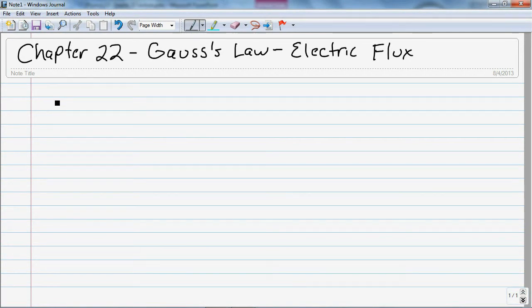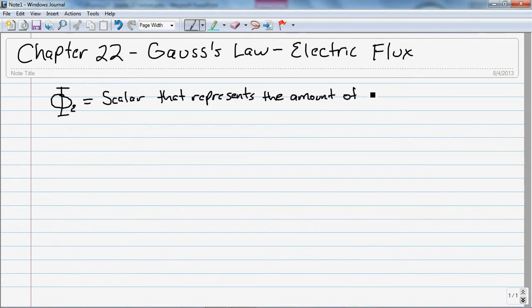So we have electric flux, and we represent that by the capital phi, and I put subscript E, and it is a scalar that represents, let's say, the amount of electric field through an area.